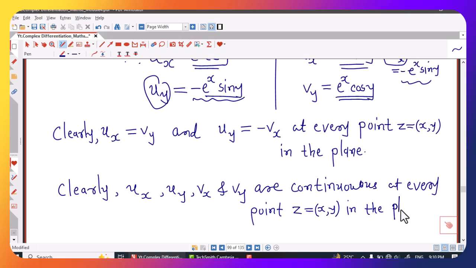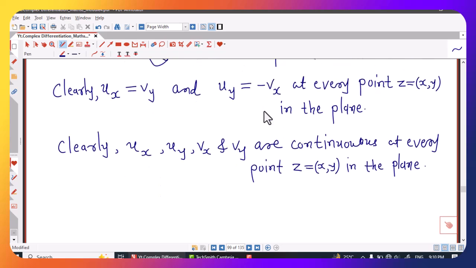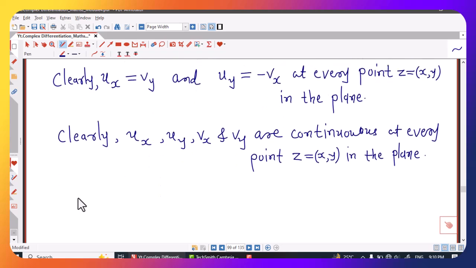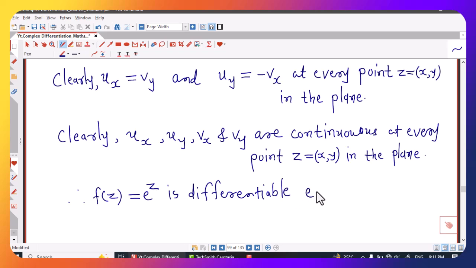Therefore, both the conditions of differentiability are satisfied at every point in the complex plane. So what we obtain, we find that f of z equal to e raised to z is differentiable at every point in the complex plane, or we can simply write differentiable everywhere.